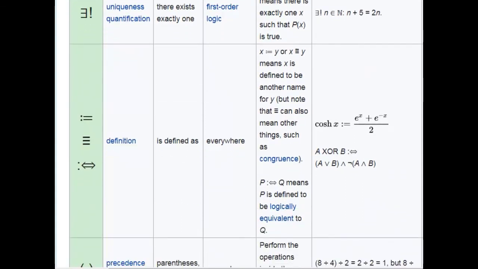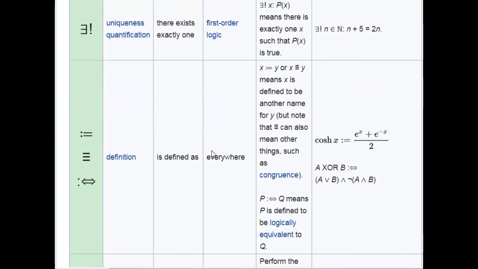And the next one, definition. Usually we denote by this first symbol, definition. Symbol of equals and 2 dots. We read "is defined as".